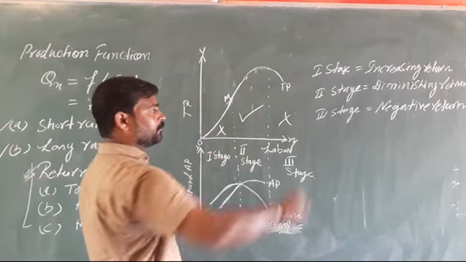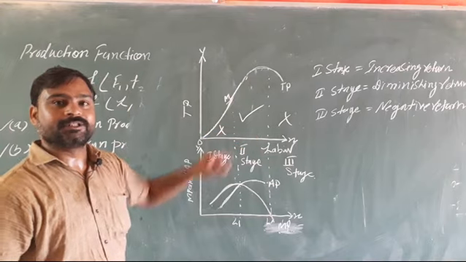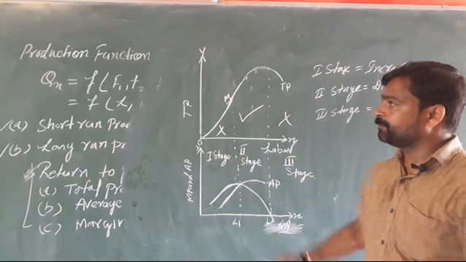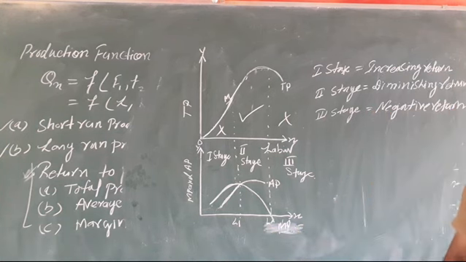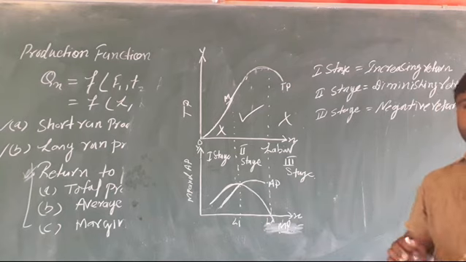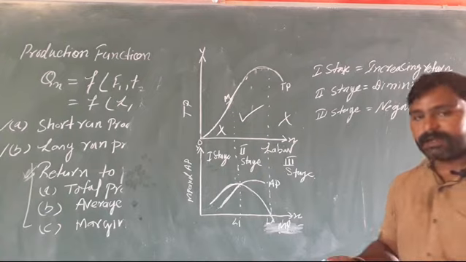So a rational producer will produce only in the second stage. So students, today we have talked about the production function, all three stages, and we have come to know in which stage a rational producer would like to produce.